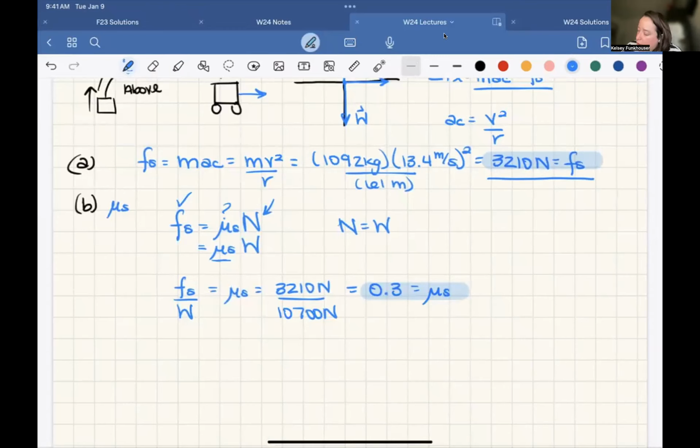And then we know that the friction force is, and this would be the maximum, the coefficient of static friction times the normal force. So any value bigger than this would just give us a bigger value of static friction, which is totally fine because that would, again, keep someone from sliding out of the circle.